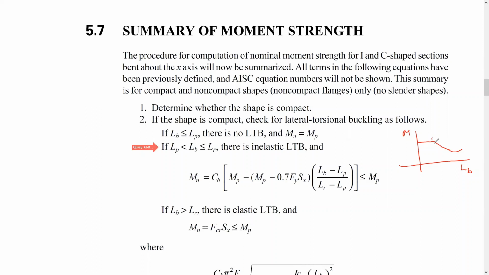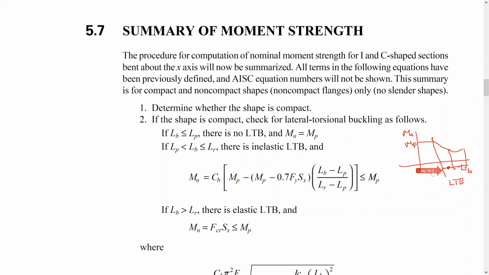Okay, so here this is LP, and let's say this is MN, and here we do have lateral torsional buckling for these two ranges, but here is the inelastic one, here is the elastic one. So let's get back to our case. If LB is greater than LP, less than or equal to LR, there is inelastic lateral torsional buckling, which is this one here, guys.